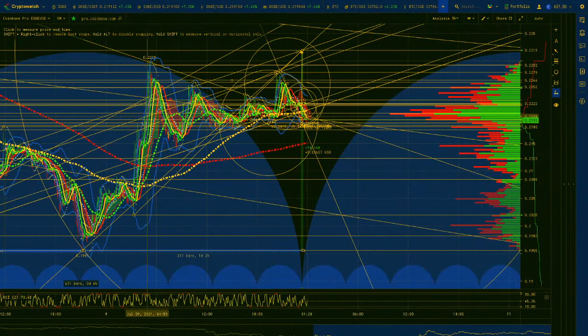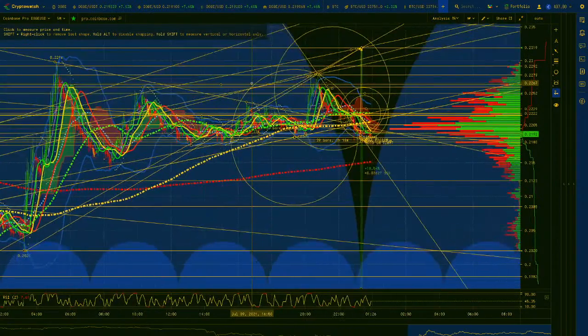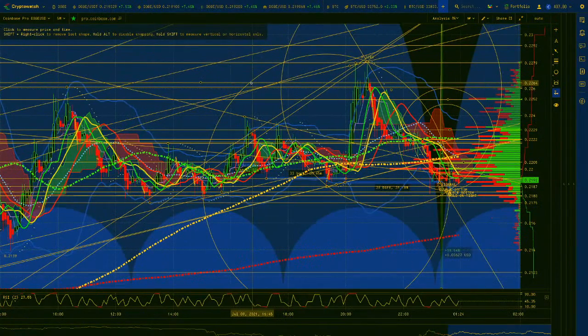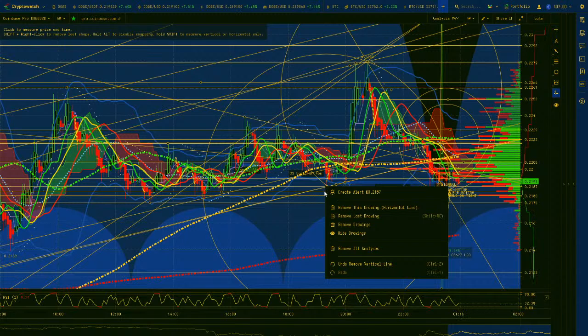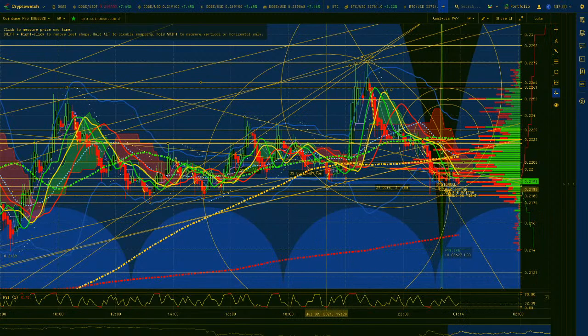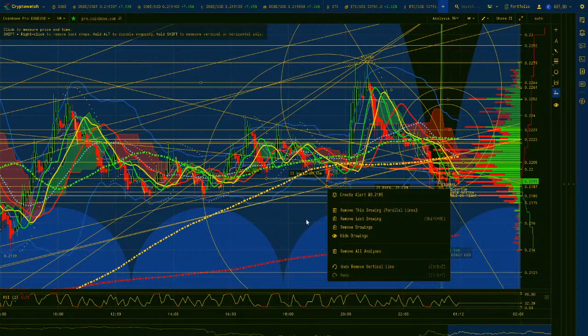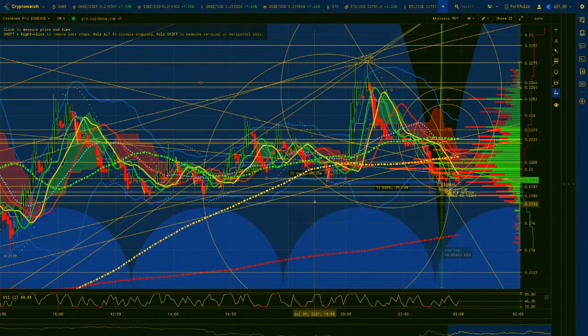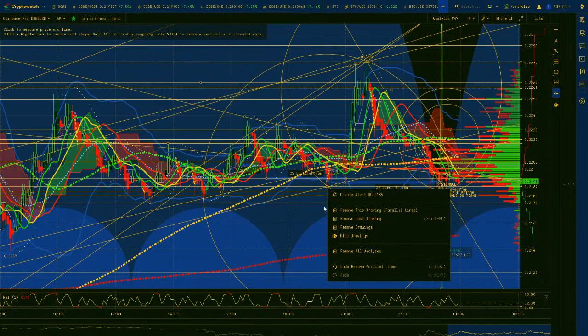Yeah. So let's look for this long entry, right? Here's a macro long entry, ABC entry, but I'm going to draw a better one if we really want. Sorry, Dave, what time frame? 15-minute.